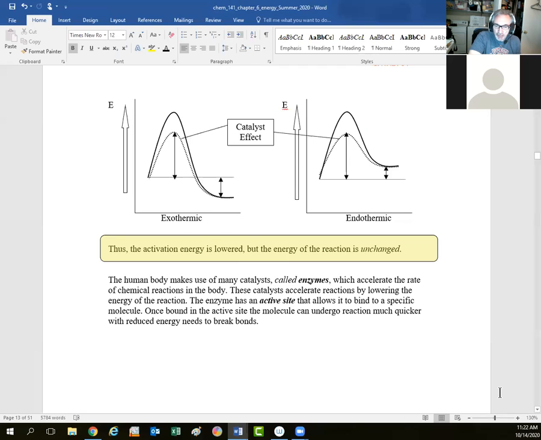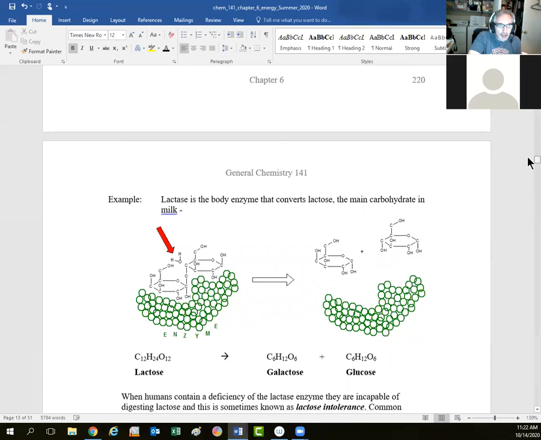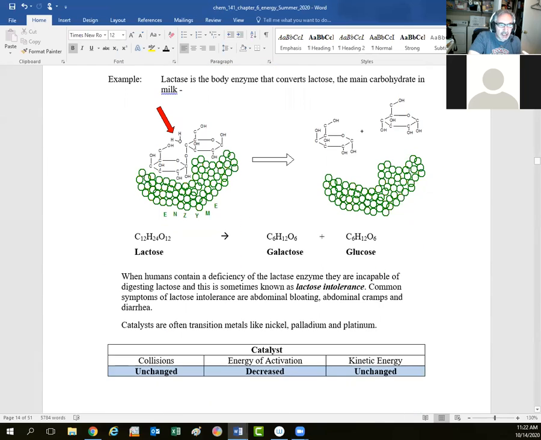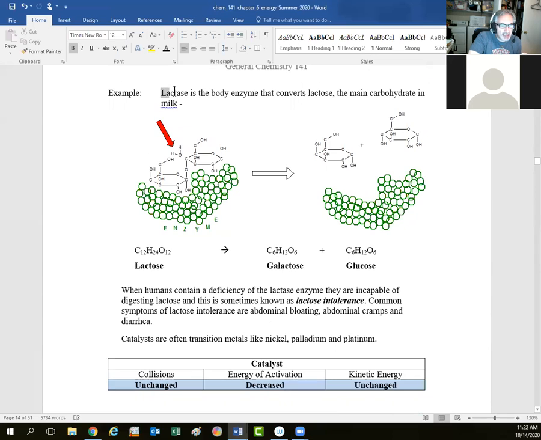Now, there are lots of enzymes in our body which do this job of catalysis. The only one I want to bring to your attention as an example is lactase. Lactase is the enzyme that breaks down complex sugars like lactose, breaks them down in this case into galactose and glucose, the two G sugars. Again, it's about that lactose fitting neatly onto the surface of the catalyst.